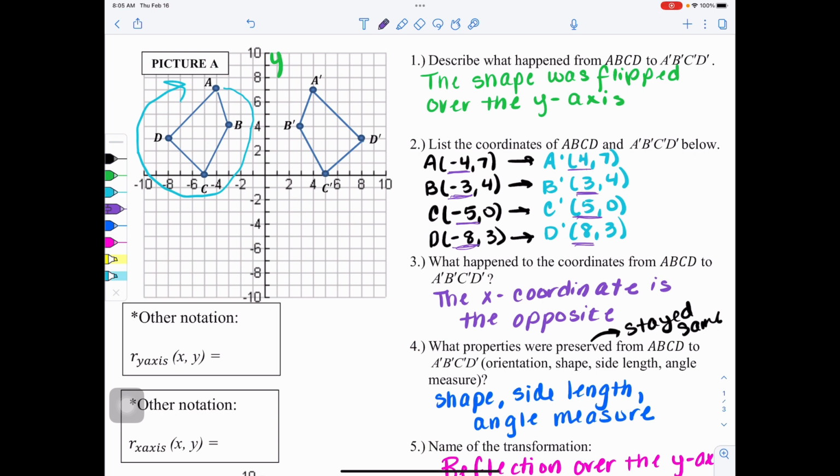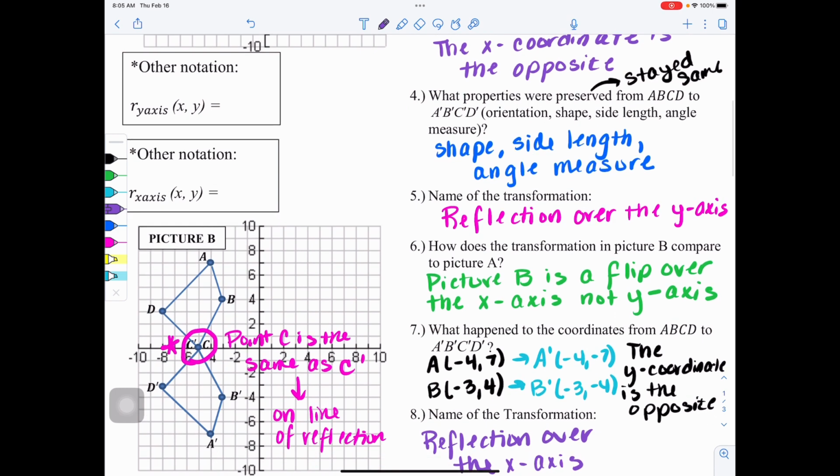When I look at the new shape, if I go in order alphabetically, A prime, B prime, C prime, D prime, A prime, it's labeled counterclockwise. So that did not stay the same. Orientation is the order of the points. So I did not write down orientation. The shape, however, did stay the same. The side lengths stayed the same, and the angle measure stayed the same.